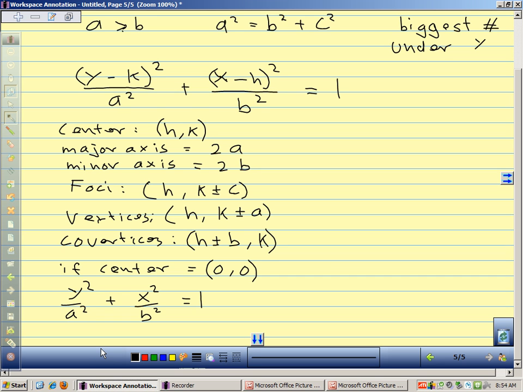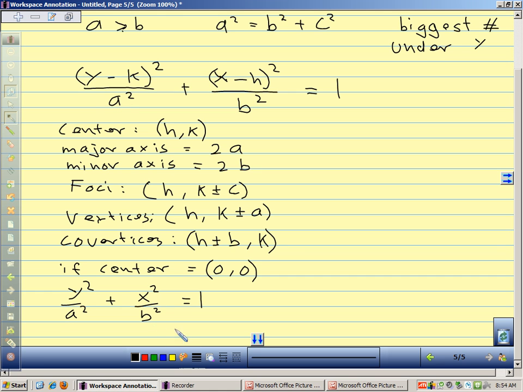Questions on our equations? So again, the important things to remember: a is always bigger than b for an ellipse, the way we've written our equations. a squared equals b squared plus c squared. And where the biggest number is in the denominator tells us where our major axis is. If the biggest number is under the x, our major axis is horizontal. If it's under the y, our major axis is vertical.